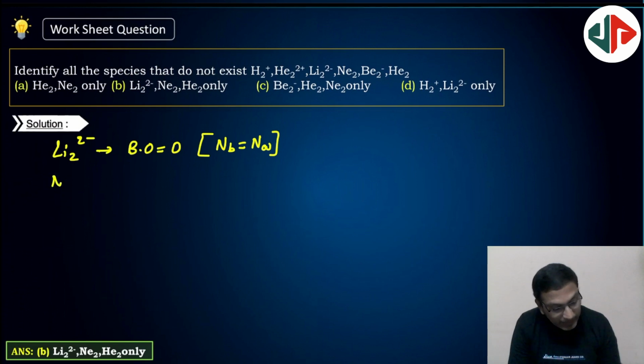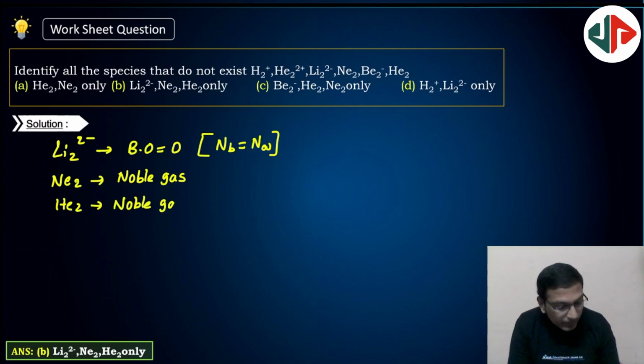Next, Ne2, noble gas, does not exist. He2 also noble gas, which does not exist. So for this also bond order equal to 0. Here also bond order equal to 0.